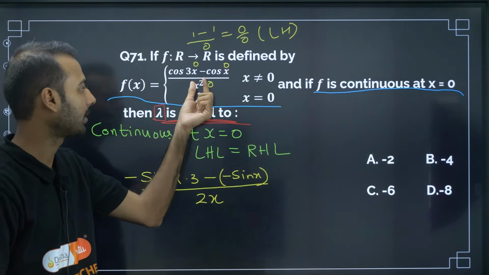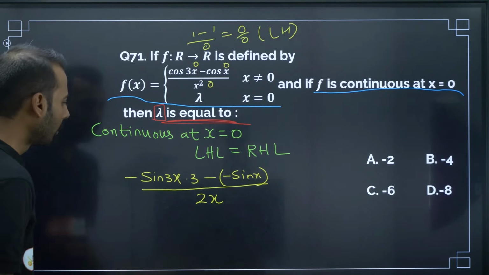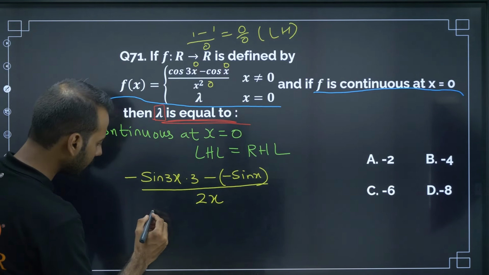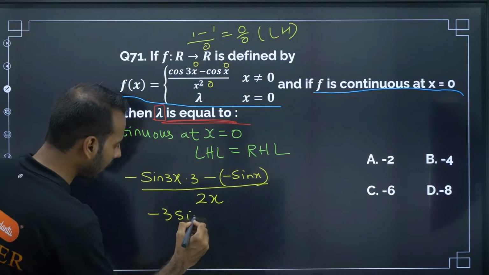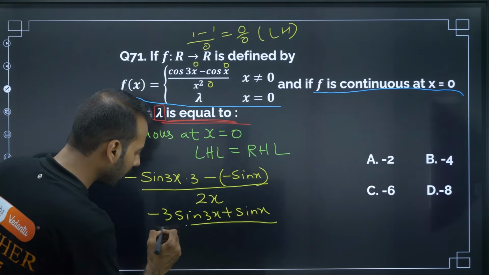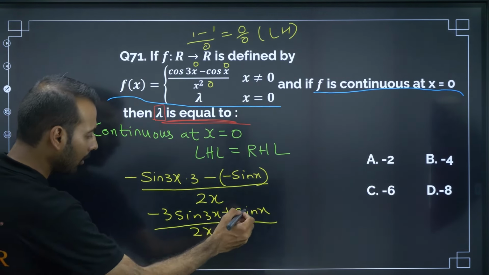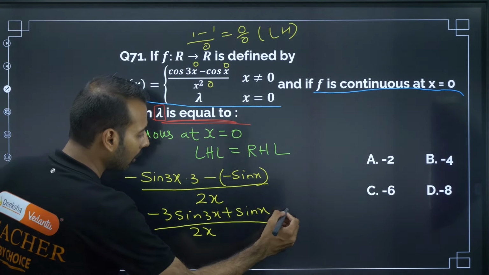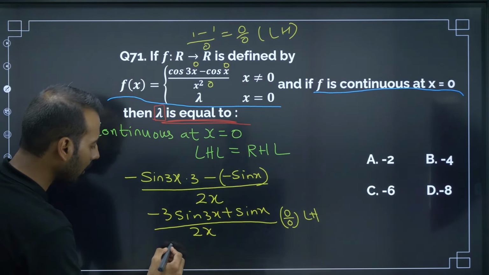Differentiation of cos x is negative sine x, all this you should be knowing. So minus 3 sine 3x plus sine x divided by 2x. Now again if I substitute 0 here, this becomes 0 by 0. So again go for L'Hospital's rule.